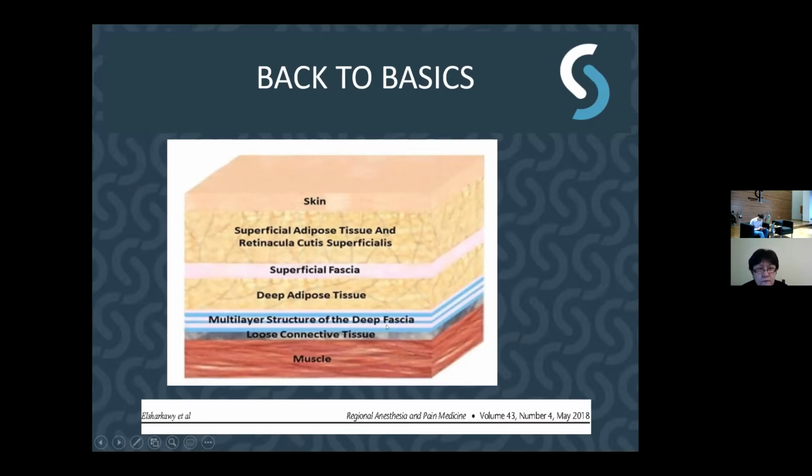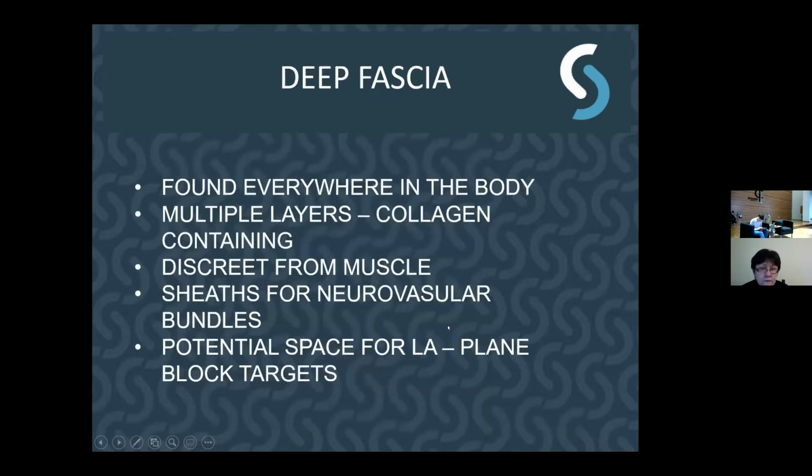So these fascia layers are everywhere in the body and they have either 1, 2, or 3 layers, depending on where. So they are collagen containing, they are discrete from the muscle. So we have fascial layers on the muscle and the muscle fascia themselves, but we have discrete deep fascia layers as well.